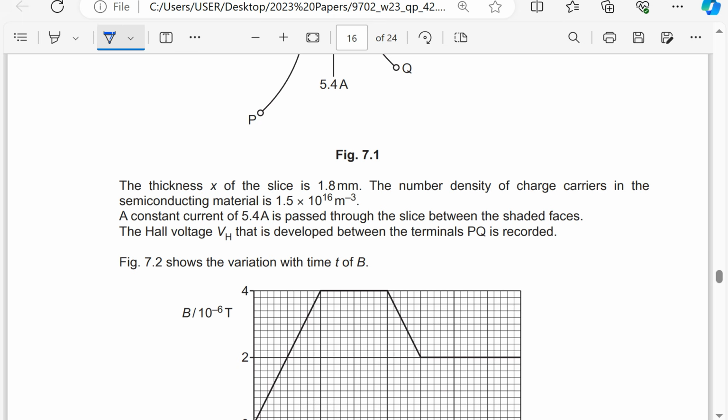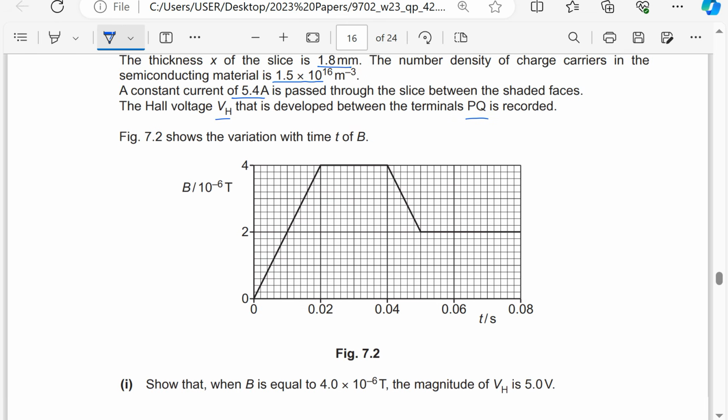The thickness X of the slice is 1.8 millimeters. The number density, that is n, is 1.5 times 10 to the power of 16 per meter cubed. A constant current 5.4 amperes passes through the slice between the shaded faces. The Hall voltage VH that is developed between the terminals PQ is recorded. Okay.